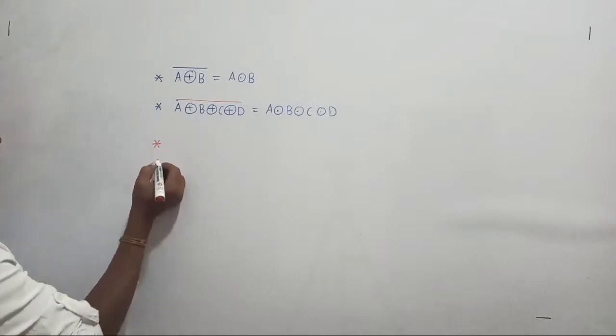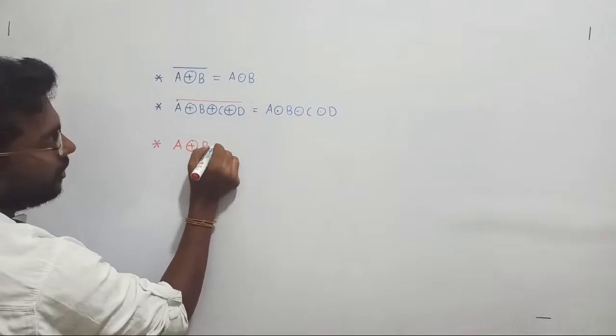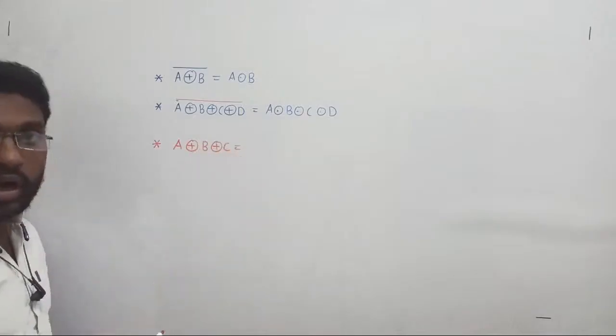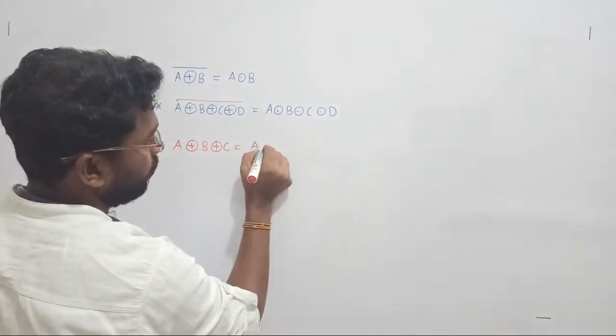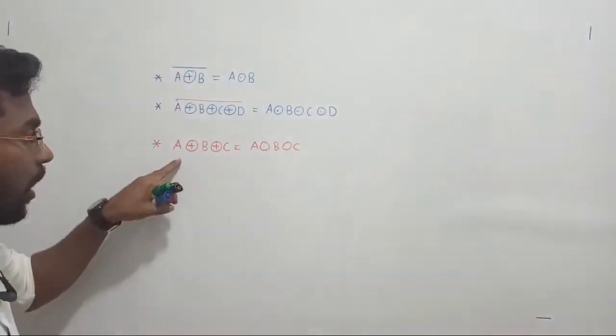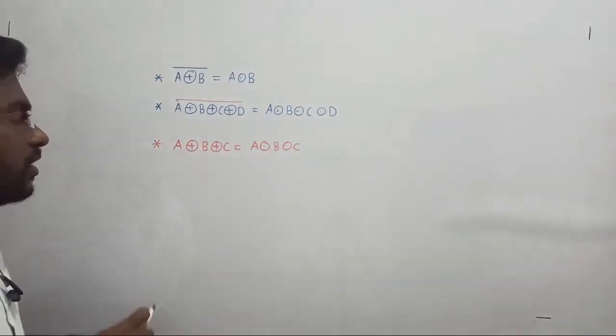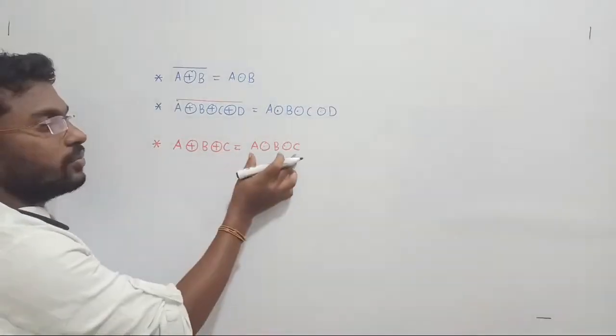Second case, suppose I take A XOR B XOR C without complement. It will be equal to A XNOR B XNOR C. If I consider an odd number of inputs for the XOR gate, that should be equal to XNOR.